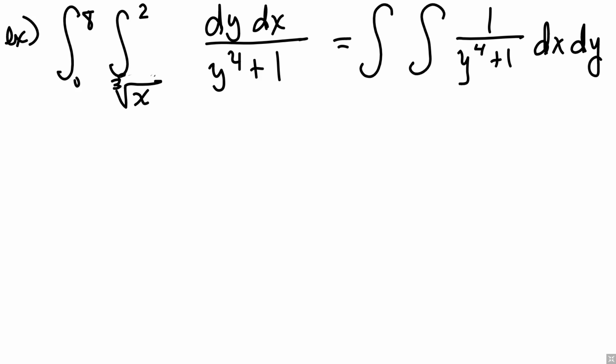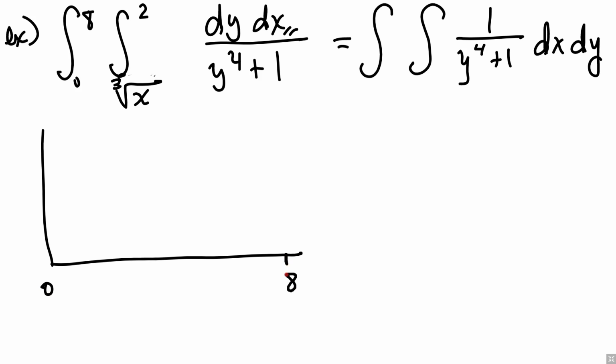Now we need to figure out what our limits of integration would be. We look at the original to help us out. Since x is second, we're going from 0 to 8. y is first, so we're going from y equals the cube root of x to 2.